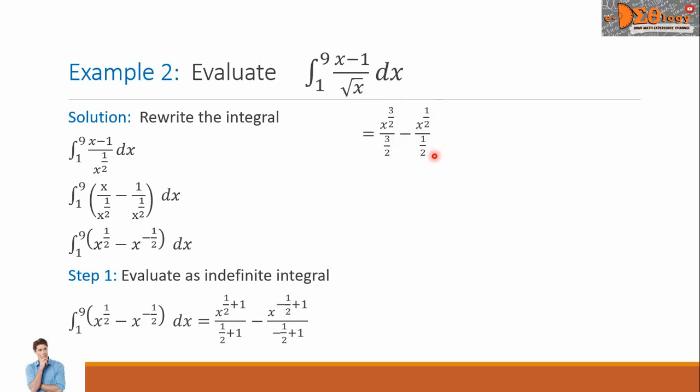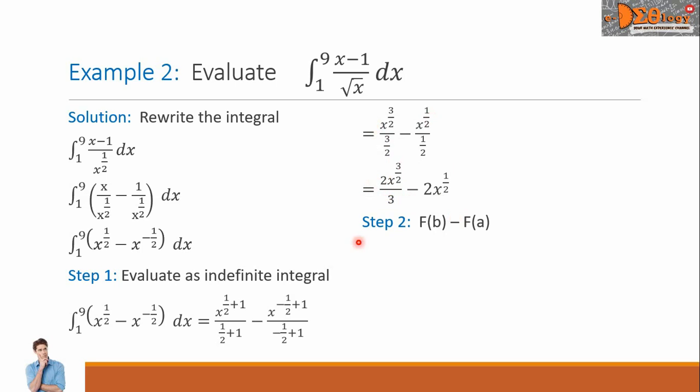Let us simplify this further by flipping the denominator, making the 2 a coefficient of x in the numerator. So we have 2x raised to 3 over 2 all over 3, minus 2x raised to 1/2.